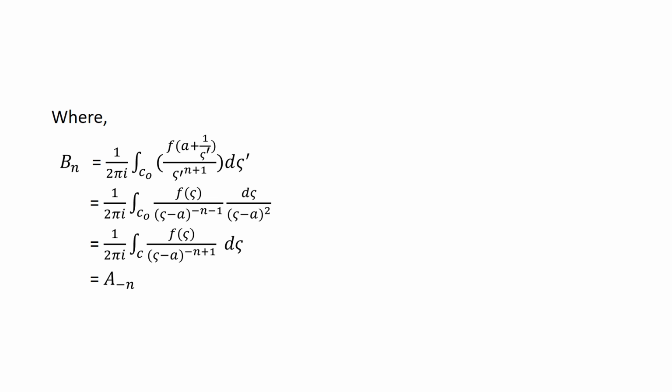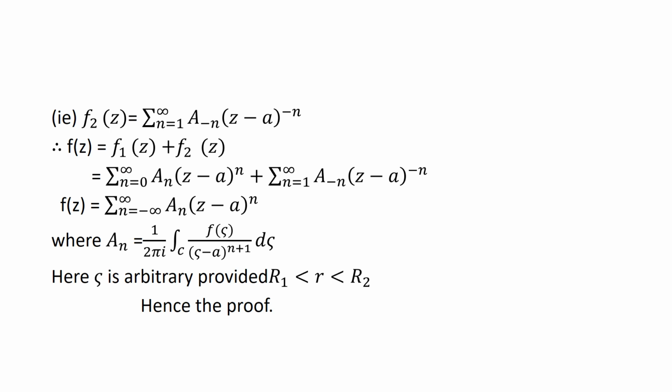This is same as a_n with a negative sign. For a_n we had 1 by 2 pi i integral over C f of zeta by (zeta minus a) power n plus 1 d zeta. Instead of n, here we have minus n. So b_n is nothing but a suffix minus n. That is f2 of z equal to summation n equal to 1 to infinity a_minus n (z minus a) power minus n.